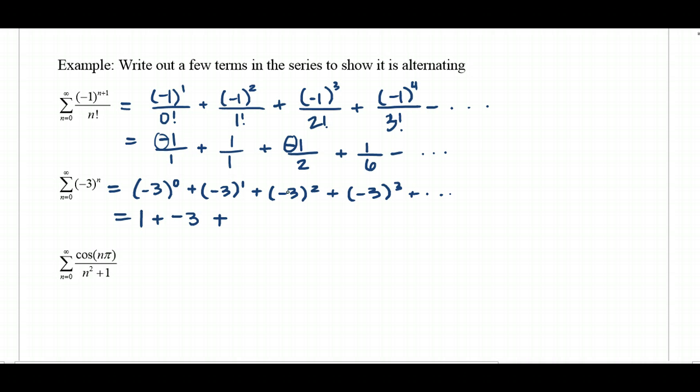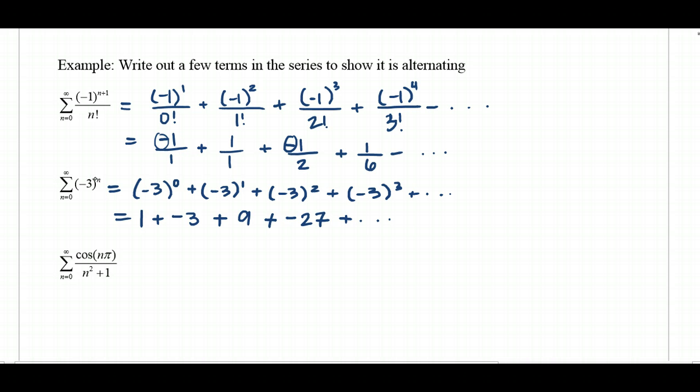Plus (-3)^2, so the negative is in the parentheses and is being squared away, so we get positive 9. And then (-3)^3, raising a negative to an odd number, I will get a negative value, so plus -27, and so on. So I have positive 1 plus -3 plus positive 9 plus -27, so my terms are alternating.